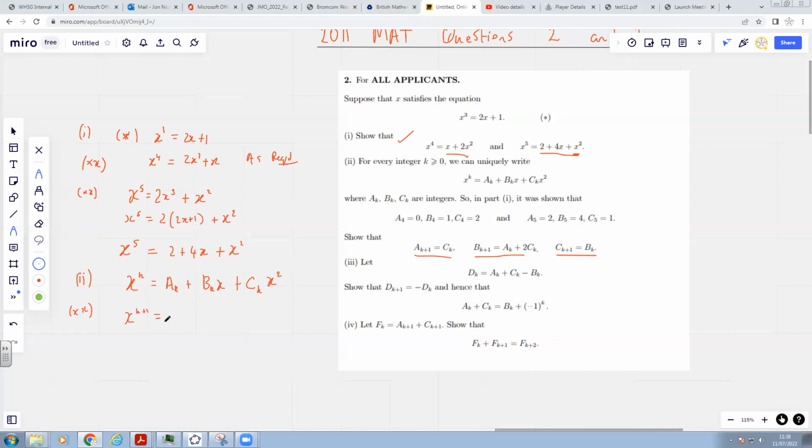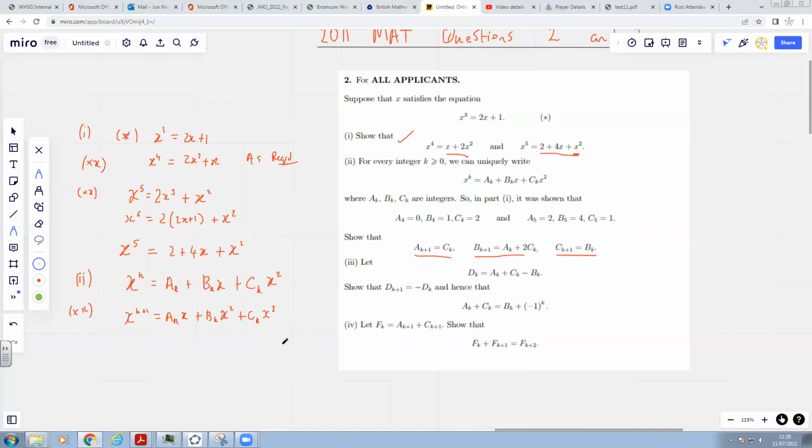So that's going to equal a_k x plus b_k x squared plus c_k x cubed. Now, our problem is we're not ending up with a quadratic, which is what we really want, because every value for k greater than or equal to 0 can be expressed as a quadratic. That's really what it's saying. We've got a cubic here.